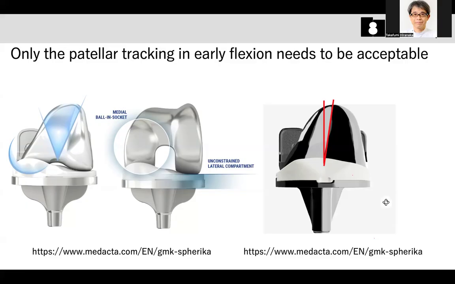Instead, if the patella comes slightly lateral, we can use the Persona narrow component. It has a slightly wider, lateralized patella groove that is 10 degrees, compared to the normal 5 to 7 degrees.